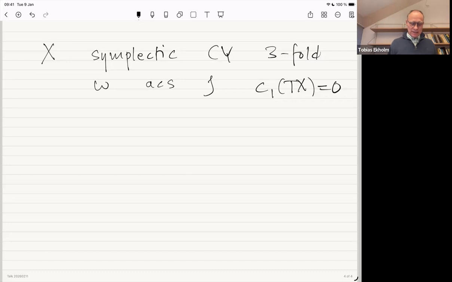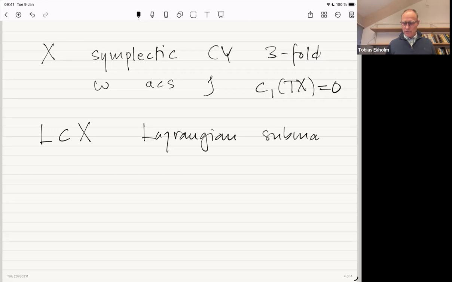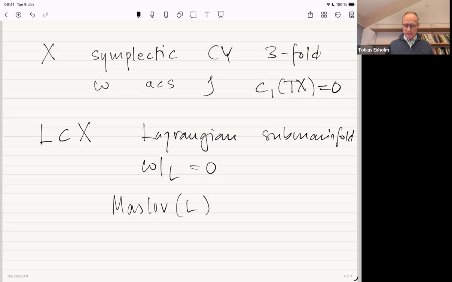And then inside this X, we will take a Lagrangian submanifold. This just means that omega restricted to L is 0. In parallel with the Calabi-Yau condition, we'll say that the Maslov index of L is 0. How to think about this Maslov index?